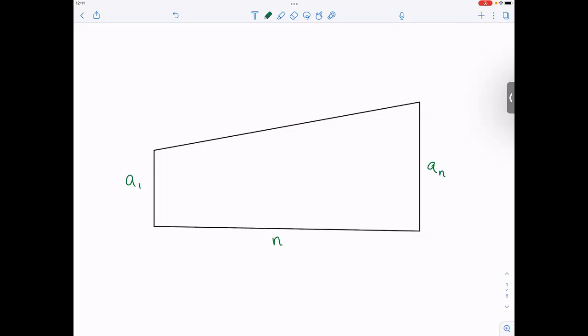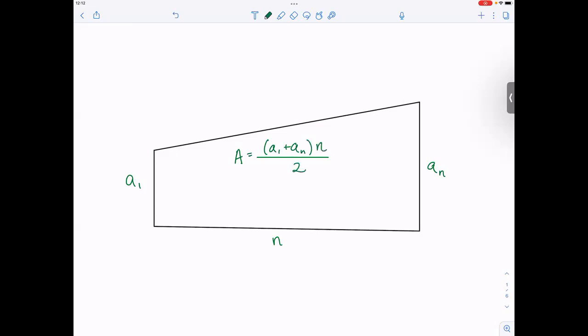And I would say, all right, guys, please go ahead. Use these labels to find out the area. So how would you express the area using these labels? A1 plus AN times N over 2.